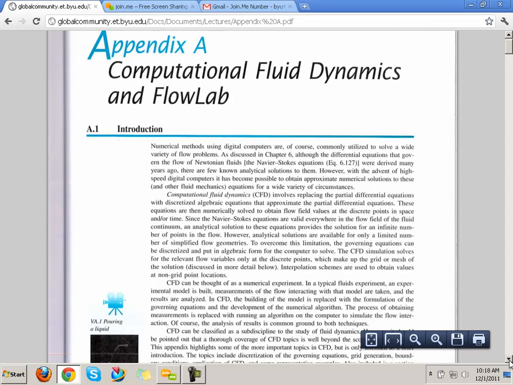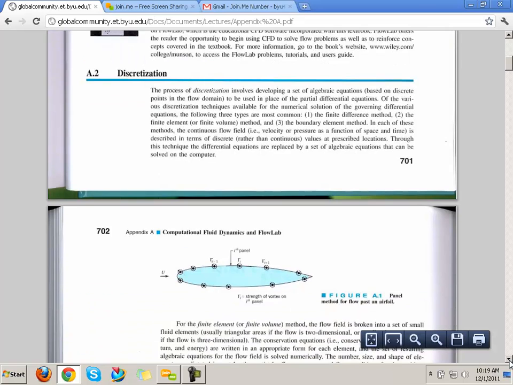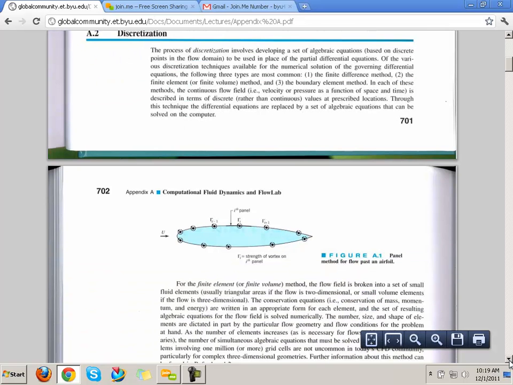So as we go down, it talks about a couple different methods. First I want to talk about lab yesterday, and for those who have lab tomorrow, you're going to see that we use one of the three. We use the finite element style, and in this one you make a boundary layer and a mesh.